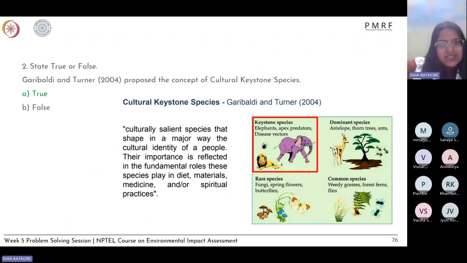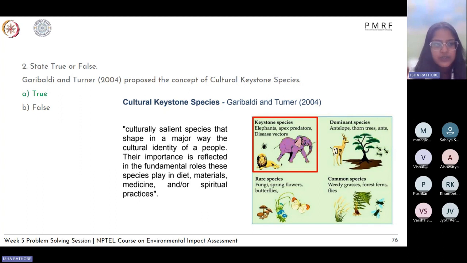Certain places have key species that shape the cultural identity of the people. For example, your elephant trainers, I'm not remembering the correct word for them, but there are villages or communities which train and are dependent on elephants. You have them in one particular village in Rajasthan, and you have people in Kerala who also have that identity associated with them. So these are cultural keystone species.